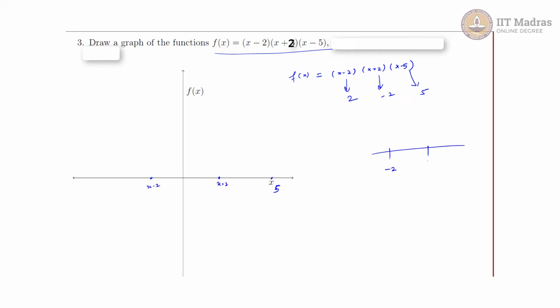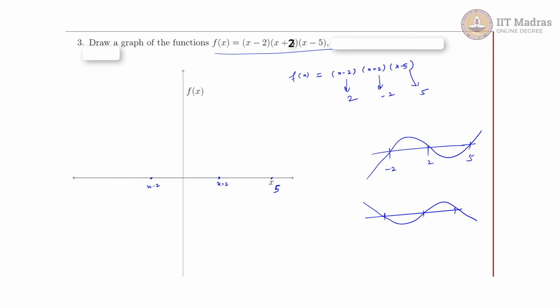This is −2, this is 2, and this is 5. The curve will have 2 turning points, and those 2 turning points will be between the intercepts. So this could be like this, one case, and the other case will be this. Which will I take?